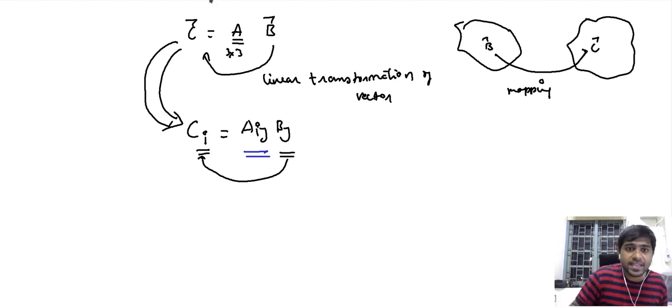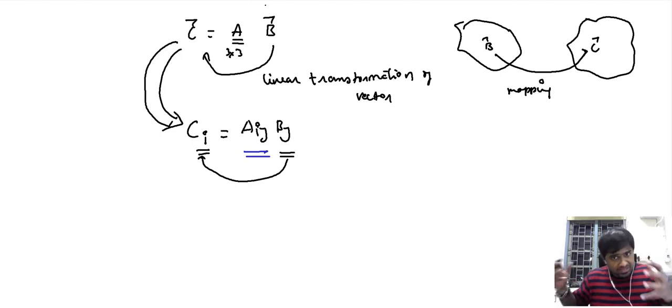Now, if we extend this, so far these are just vectors. C_i and B_j are vectors. Now, if I want to have a similar transformation for my tensors, let us begin with the second order tensor. We started off considering so far the first order tensor, so we will move on to the second order tensor. If I want to transform my second order tensor, what needs to be the matrix that I need to consider?